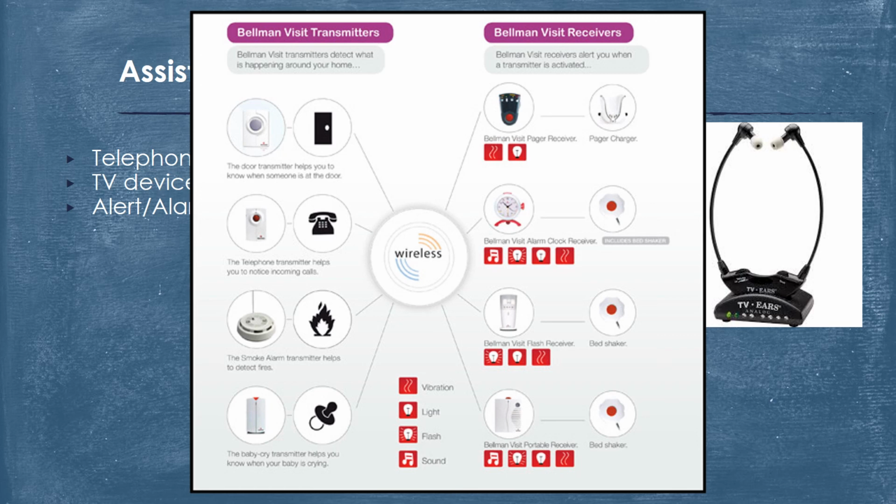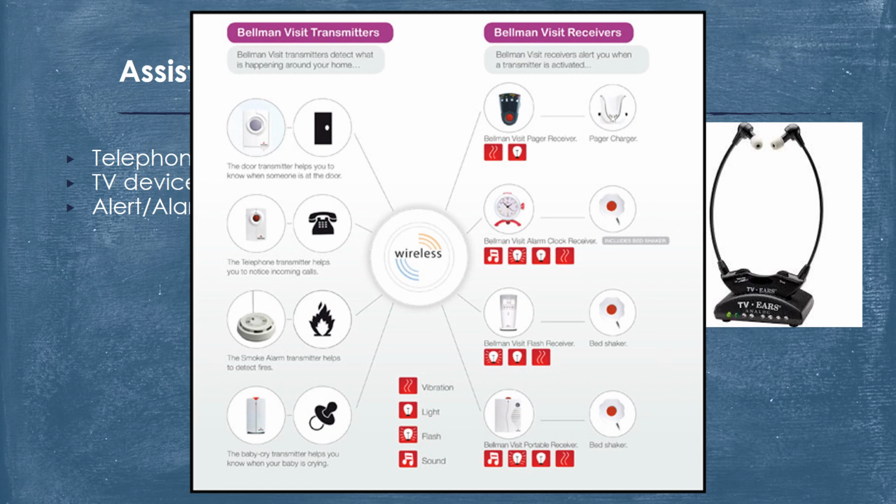When the doorbell rings, they'll get a page or it'll buzz, or when the telephone rings, maybe the buzz will have a different pattern. Down one, you see the alarm clock receiver. So it actually shakes your pillow, or you can put it under your mattress and it'll shake your bed. This is a flash receiver, down one more, so it'll flash instead of the bed shaker or in addition to the bed shaker. And then here's a portable receiver.